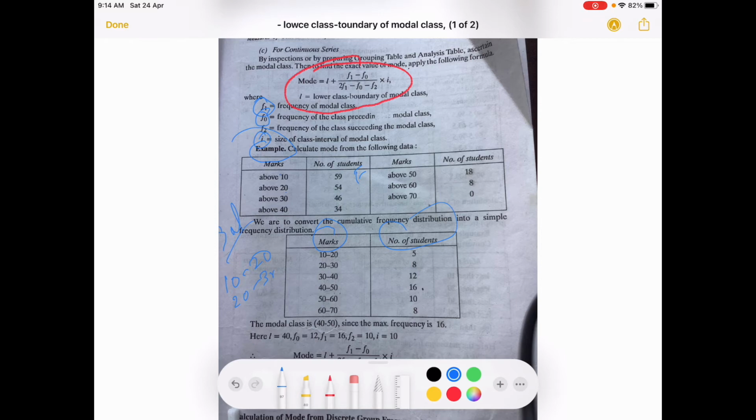Then number of students, how much? Above 10 is equal to 59. Above 10 चाहिँ 59 छ, तर above 20 चाहिँ छ 54 जना स्टुडेन्ट.